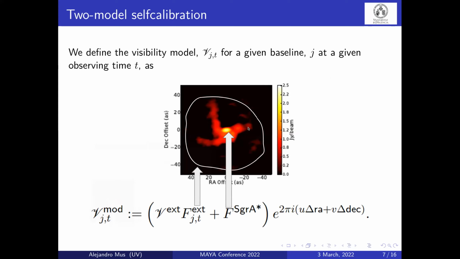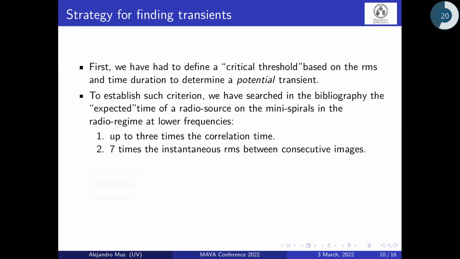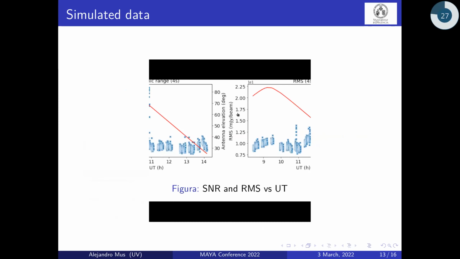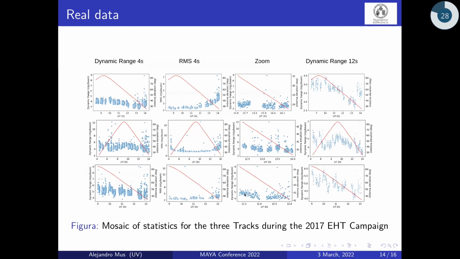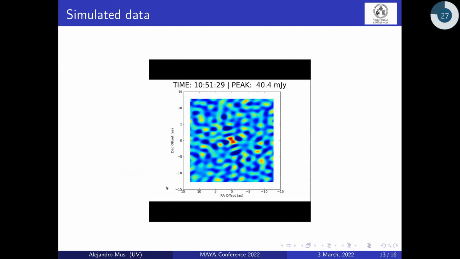So this can be quite detailed. April 5 and April 6 presented very good weather and very good UV coverage, so we have created the model for each day separately. April 11 was a little bit worse, so it was harder to analyze. We can see it in these plots here. You see it's more dispersed.